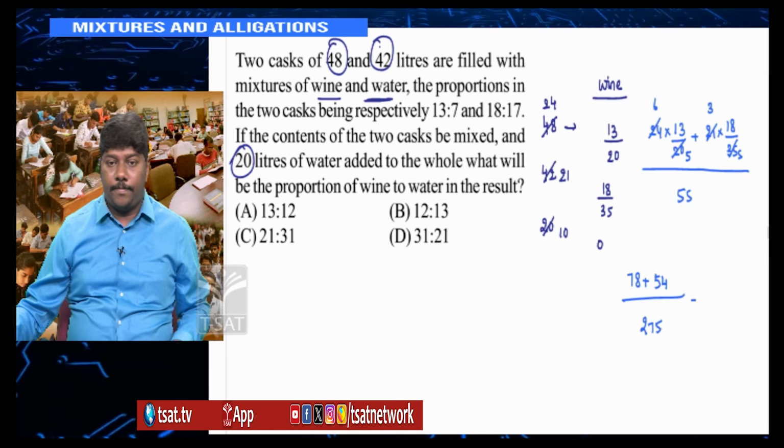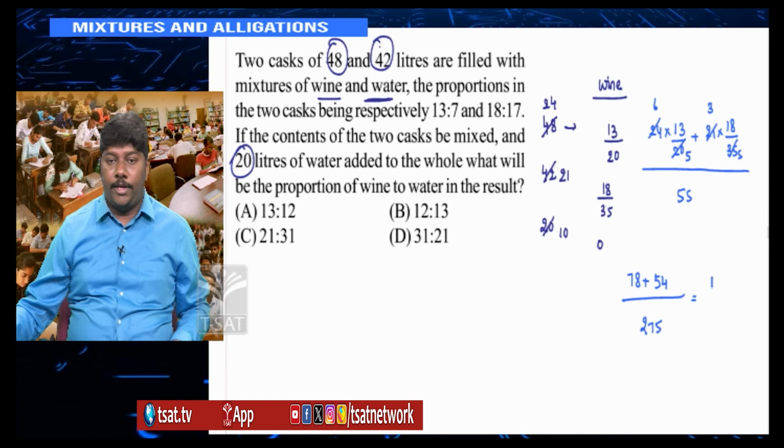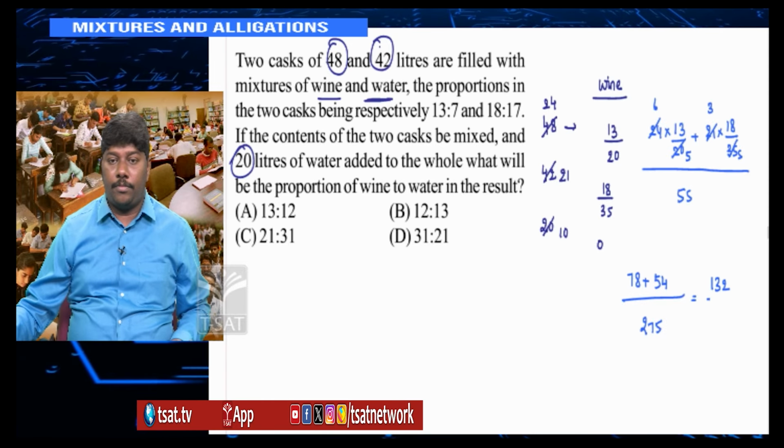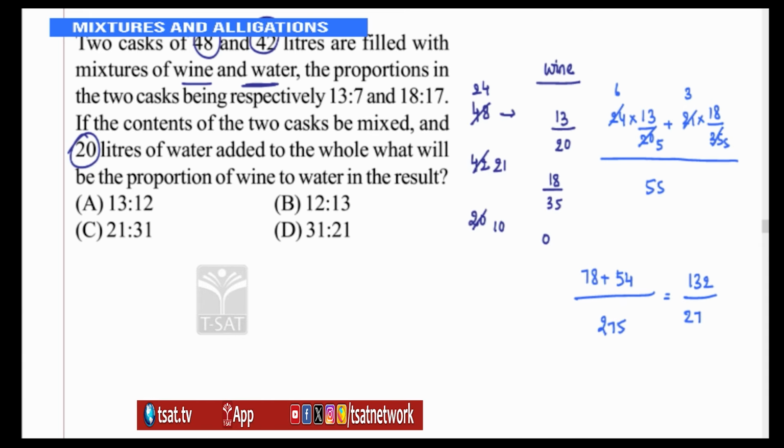Together, we are going to get 132. Cancel it in the 11 table. I would say 11 25s are 275, 11 12s are 132. So how much wine is there?